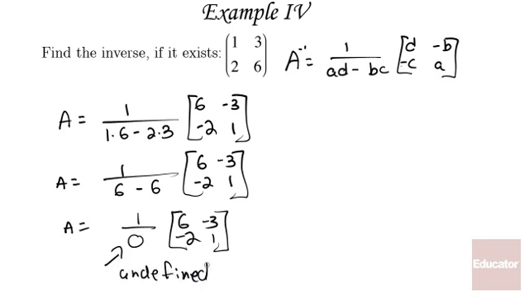In this case, the inverse does not exist. And the clue is, as soon as you see that you're having to divide by 0, you know you're not allowed to do that. So the inverse does not exist.